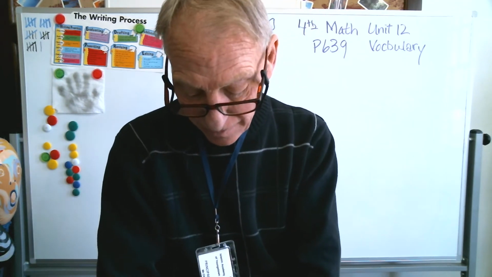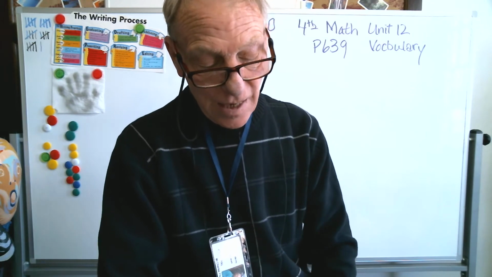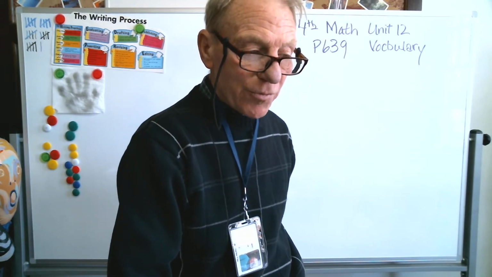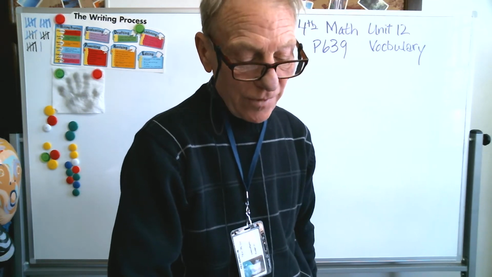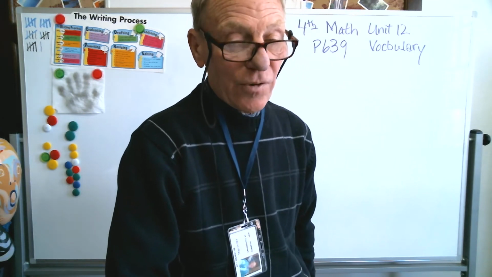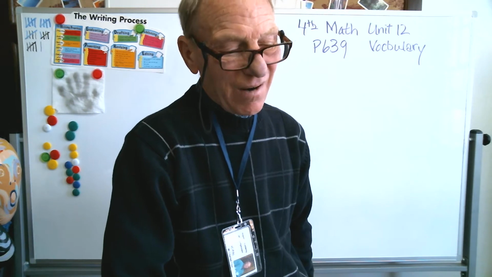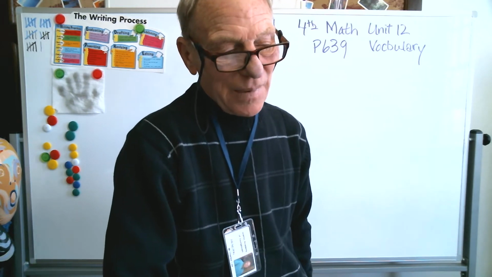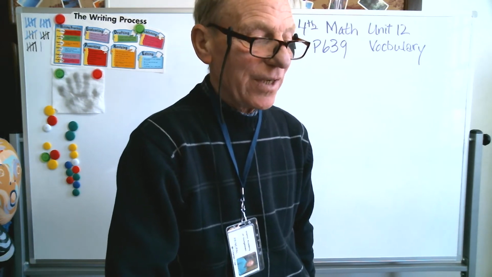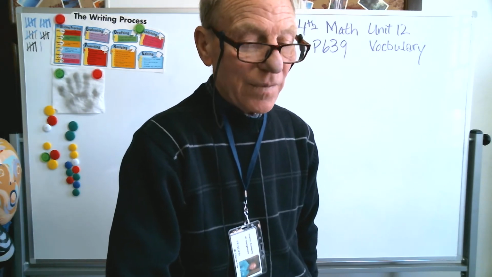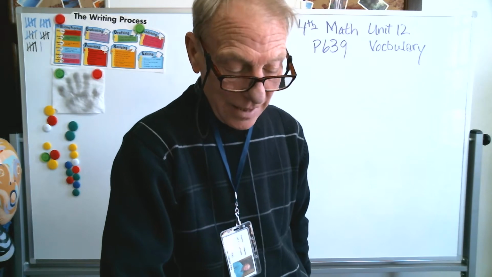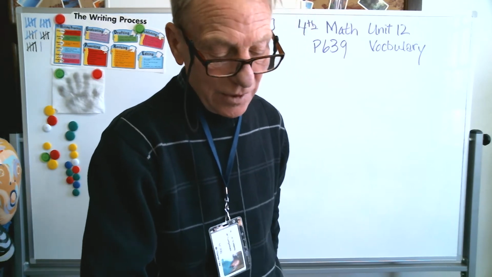You have to understand what these terms mean. If you don't know what a millimeter is, or a milliliter, or an ounce, or a cup, then it makes it really ridiculous to figure out how to solve the problems. So spend some time, look at the vocabulary, get a good, fresh sense of what these terms mean.